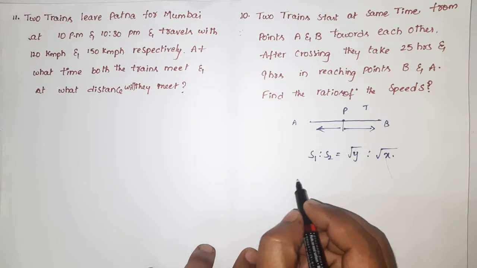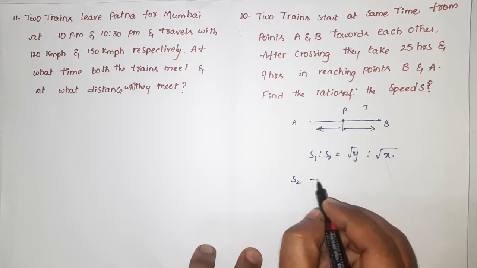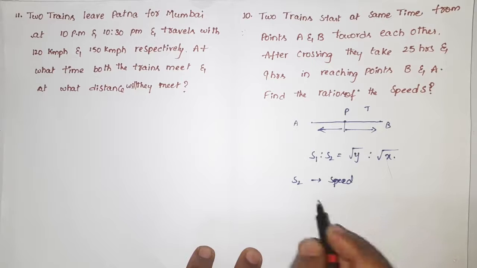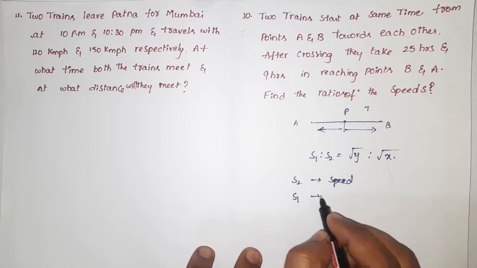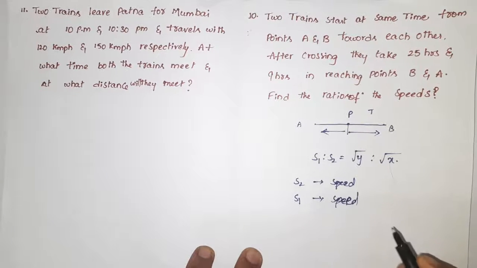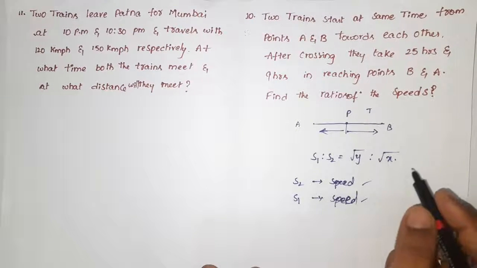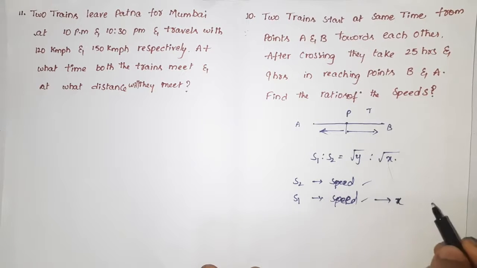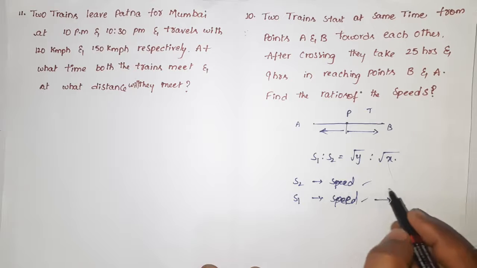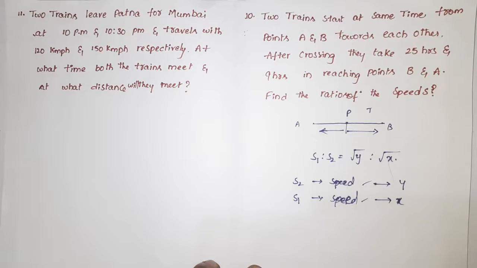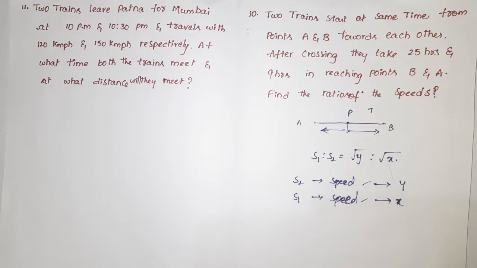Here s1 is the speed of the first train, s2 is the speed of the second train, x is the time taken by the first train to complete the remaining journey after crossing, and y is the time taken by the second train to complete the remaining journey after that.